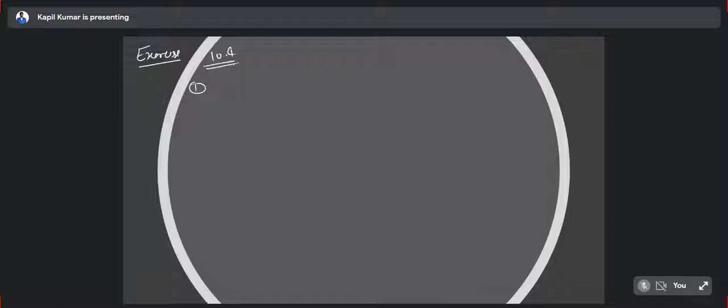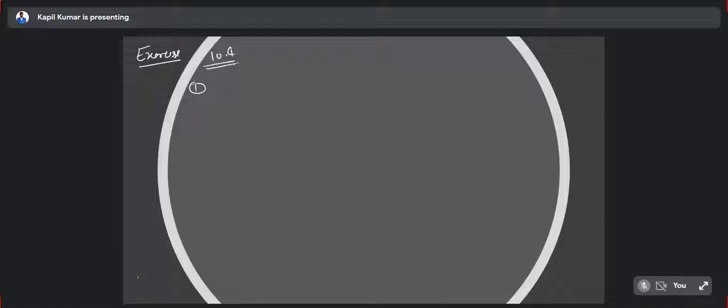In my book it is page number 179. Two circles of radii 5 centimeter and 3 centimeter intersect at 2 points, and the distance between their centers is 4 centimeter. Find the length of the common chord.